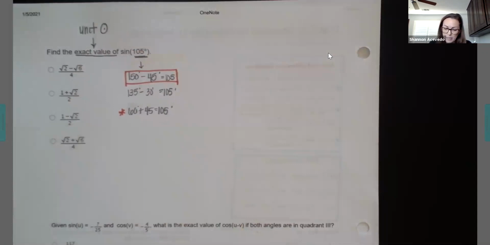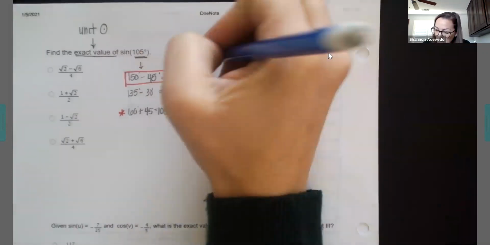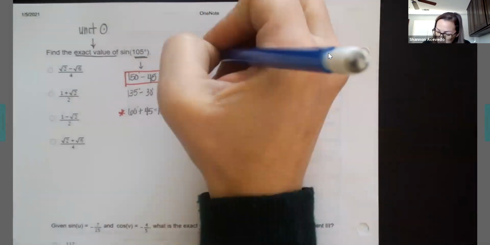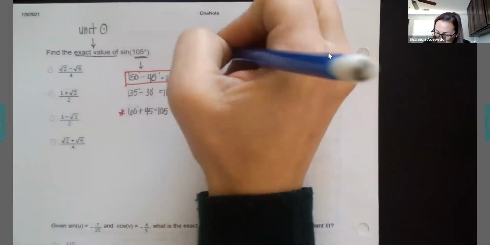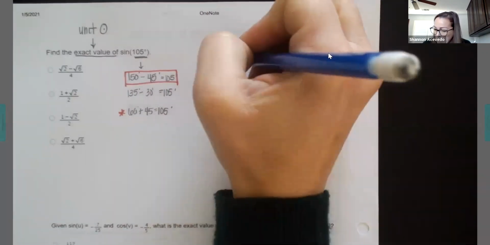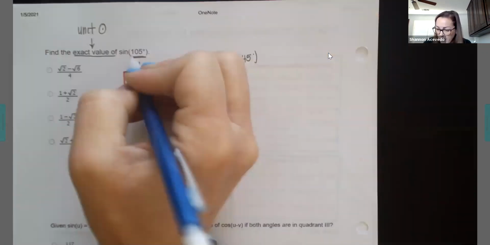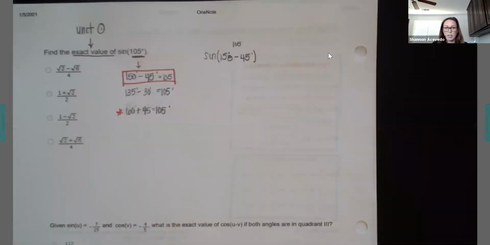So here's what happens. Instead of sine of 105, I'm going to do sine of 150 degrees minus 45 degrees, right? Because this is just 105, so I'm not changing anything.